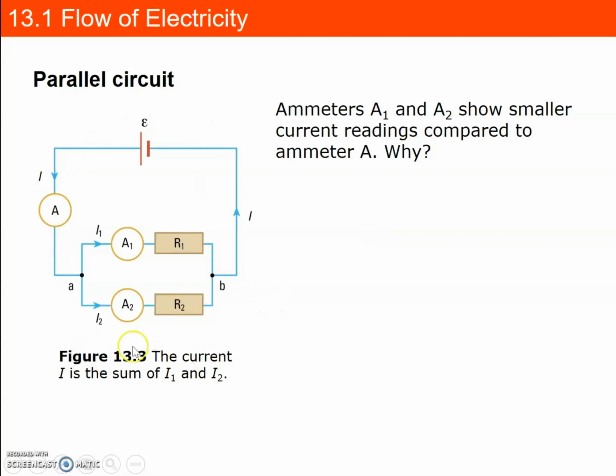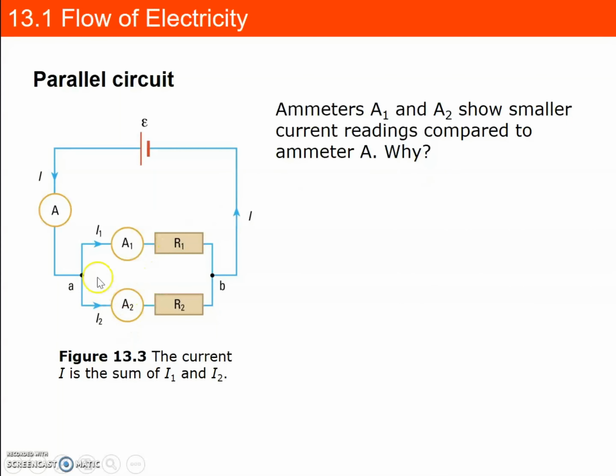Let us look at this example in figure 13.3 where the two resistors R1 and R2 are connected in a parallel circuit. They give you that the current I here is the sum of the two currents I1 and I2 in the two branches. So ammeters A1 and A2 show smaller current readings compared to ammeter A. Why?